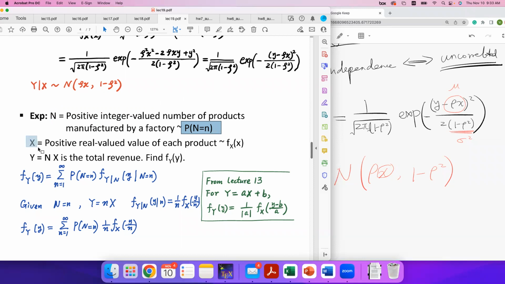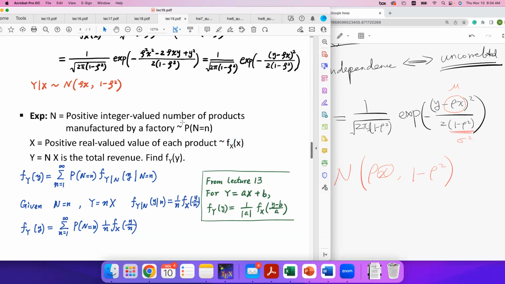And then this x is defined as the value of each product. So this x is a positive real number. It corresponds to the value of each product, and we assume that it follows a certain distribution, f of x.